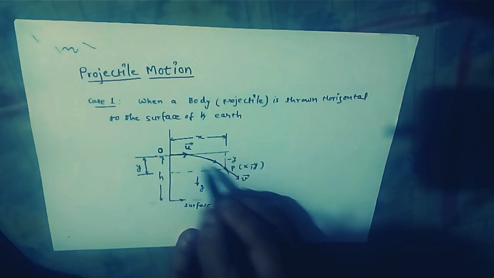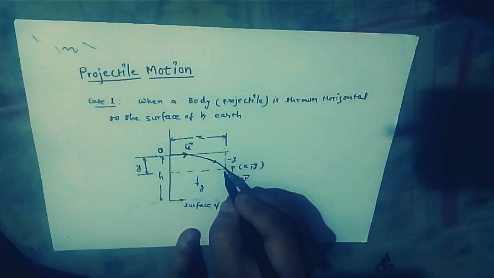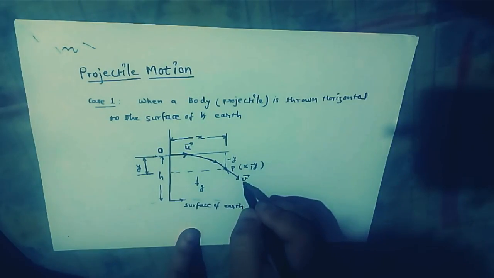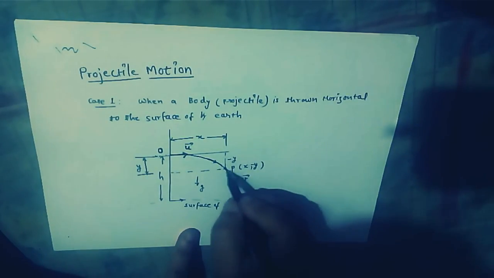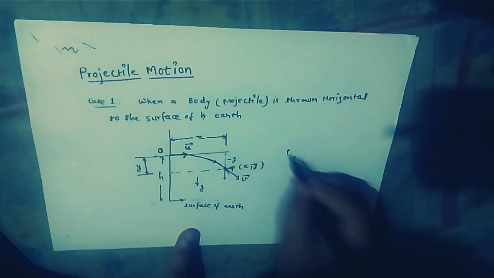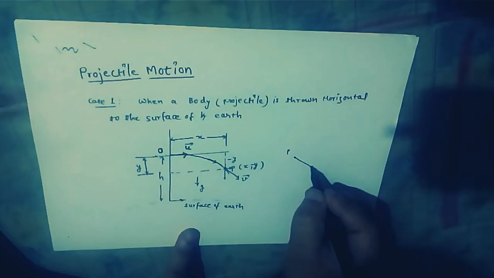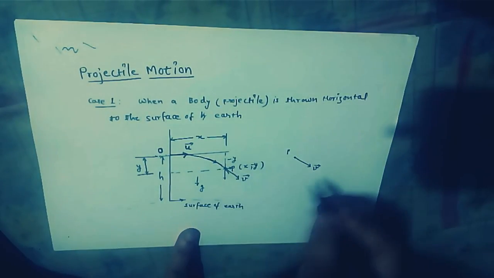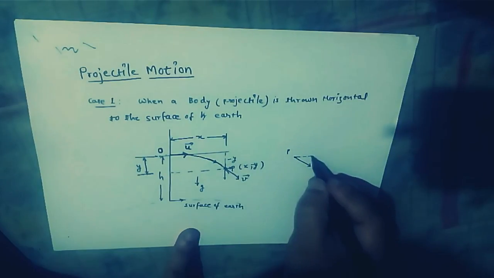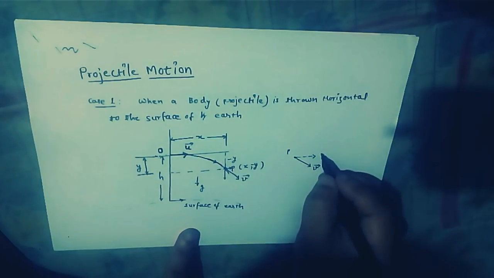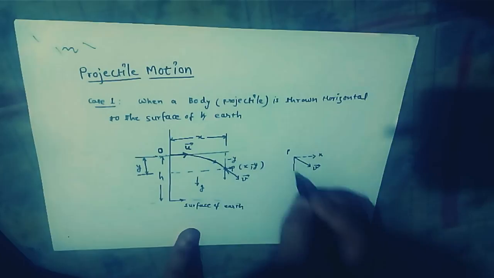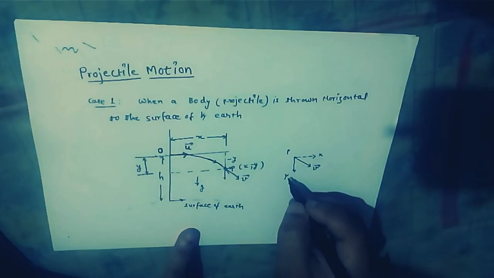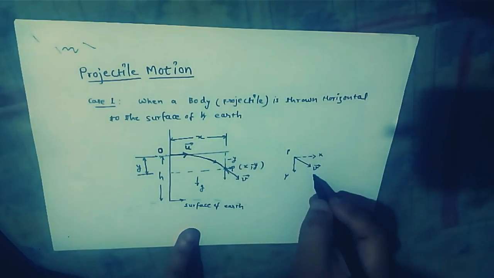Now we will find the velocity components at point P along the x-axis and along the y-axis. The body is moving downward with velocity v, and this can be resolved into two components, one along the x direction and the other along the negative y direction, because the body is moving downward.